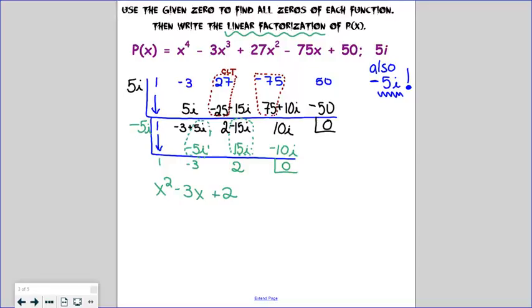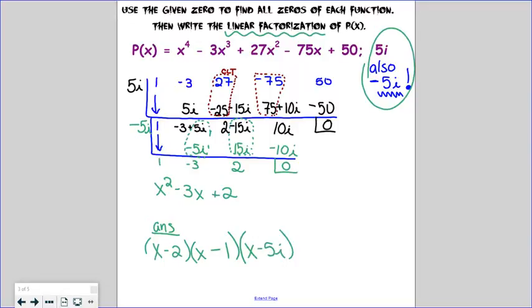So all of our factors would be those zeros right there, 5i, negative 5i, and then factoring the x squared minus 3x plus 2. So our answer, let's go ahead and factor that x squared minus 3x plus 2 would be x minus 2, x minus 1, and then your imaginaries, x minus 5i and x plus 5i.